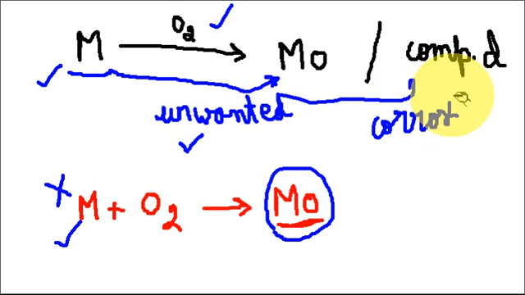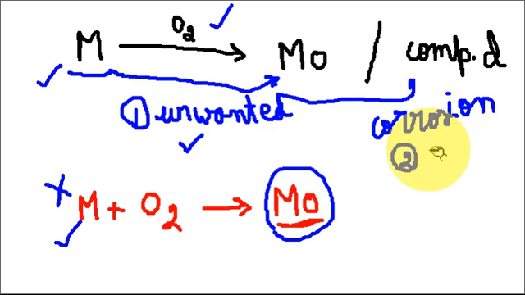So here two things are very important. What two things? First, always remember corrosion is always an unwanted chemical reaction. Secondly, corrosion is always an exothermic reaction. Why is it exothermic? What is the meaning of exothermic here?